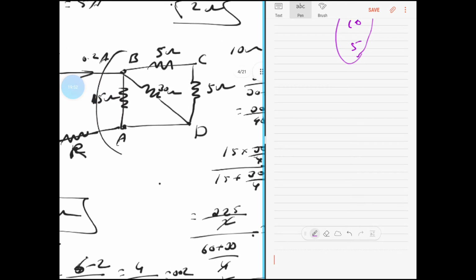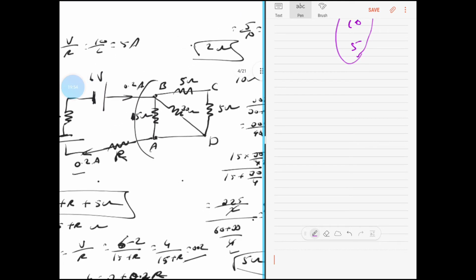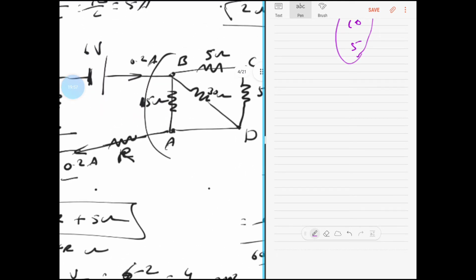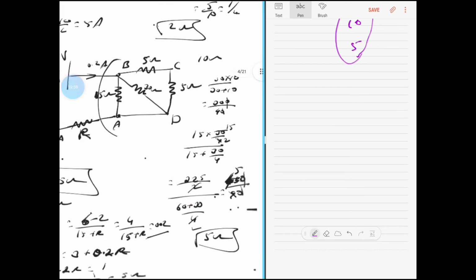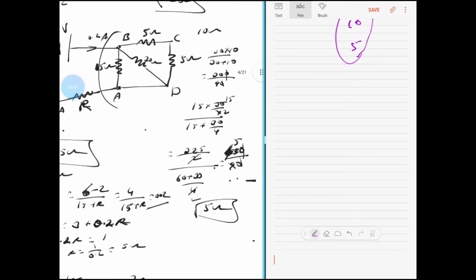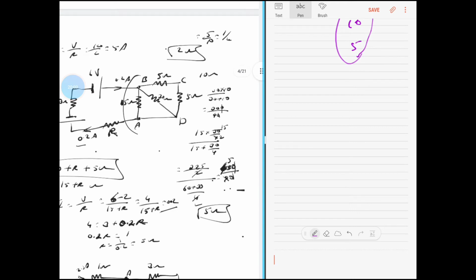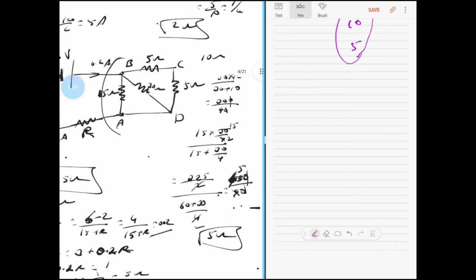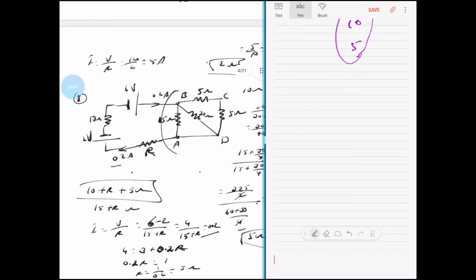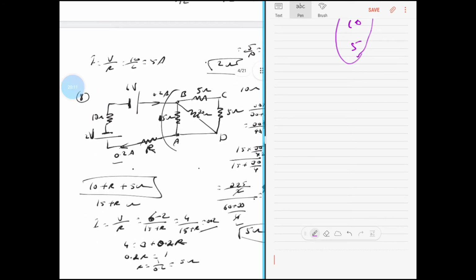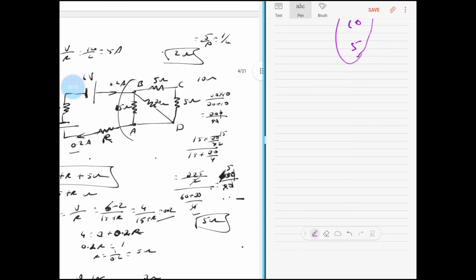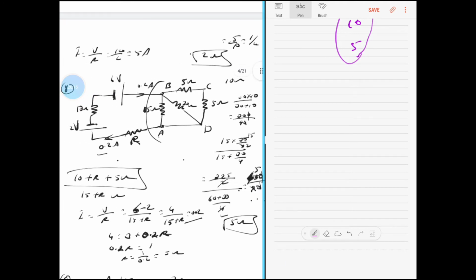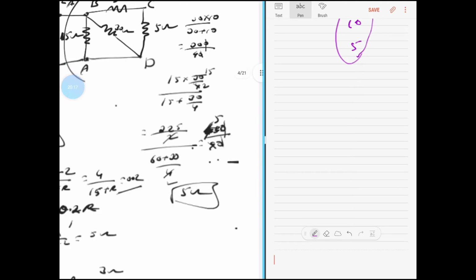So is there another resistance? Yes, I have another resistance here at the bottom. Those two will be in series. So this equivalent that I found plus another resistance R, the equivalent resistance happens to be 5 ohms in calculation.